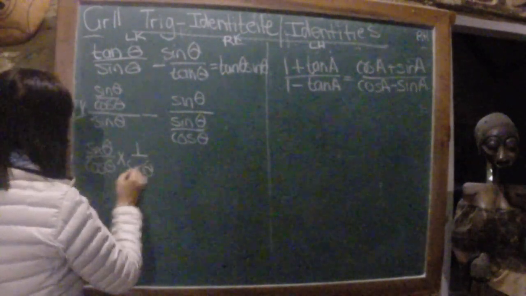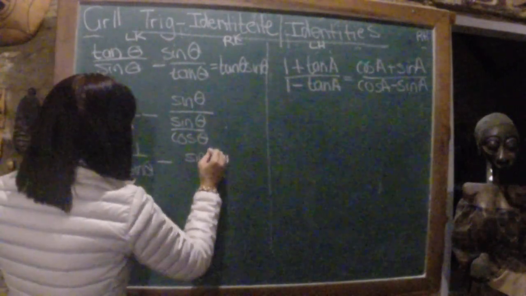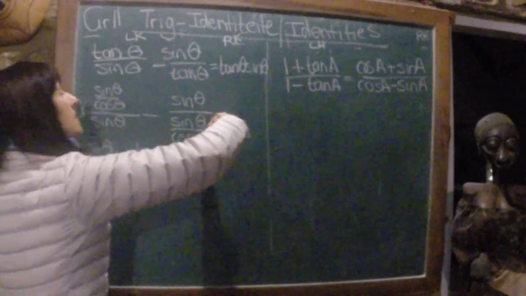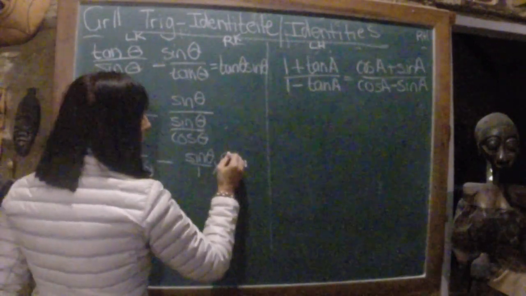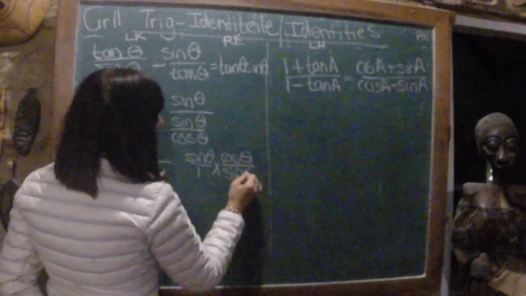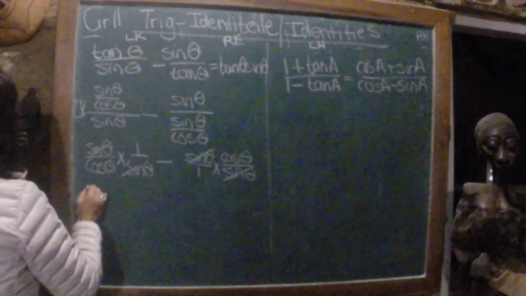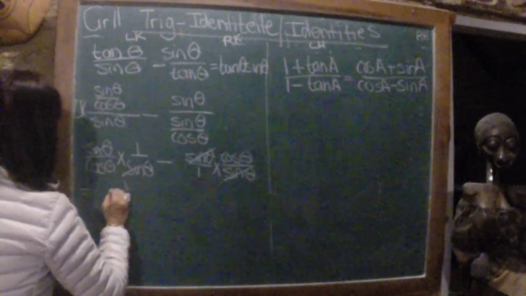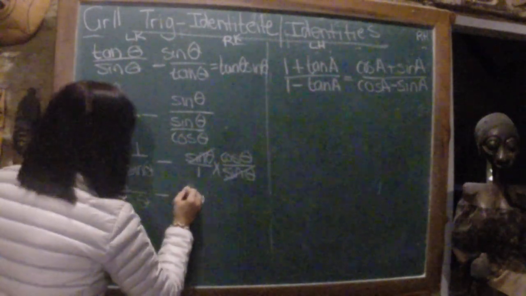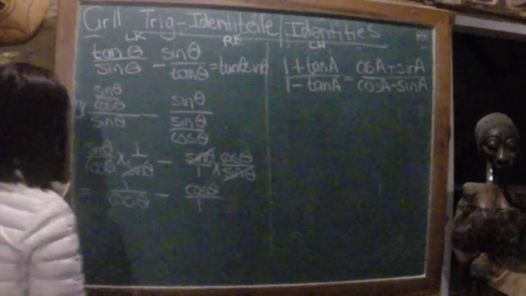So I'm going to multiply with 1 on sin theta. Okay, that cancels. Same here. Ek het sin theta op 1, multiply with the reciprocal, I'll switch the denominator and the numerator, and that's good because that cancels. So now het ek 1 op cos theta minus cos theta op 1.